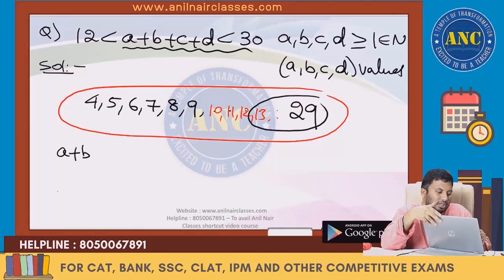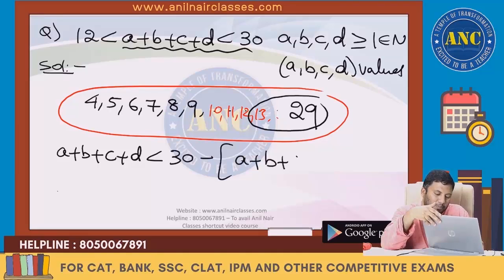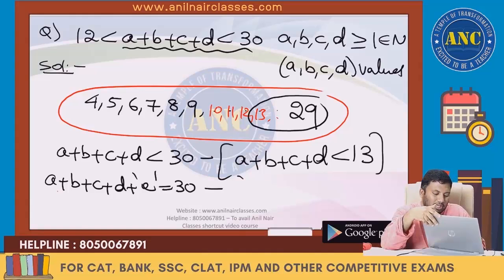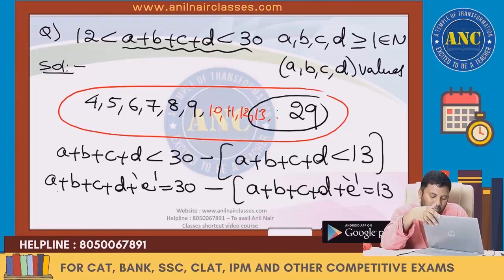So it is A plus B plus C plus D less than 30 minus A plus B plus C plus D up to 12. That means it is less than 13. Introduce a dummy variable: replace the less-than with a dummy variable equal to 13, which is 29C4 minus 12C4.